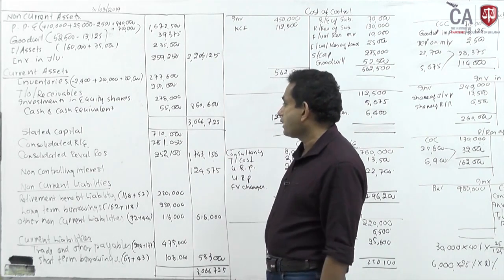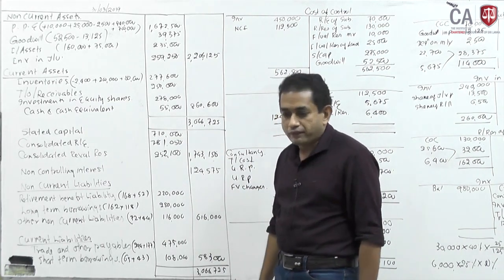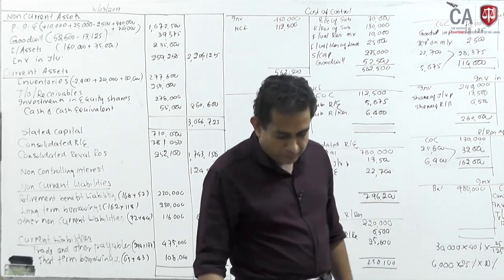Balance sheet total is 3,066,725. So, we can move on to question number 7, the last question.